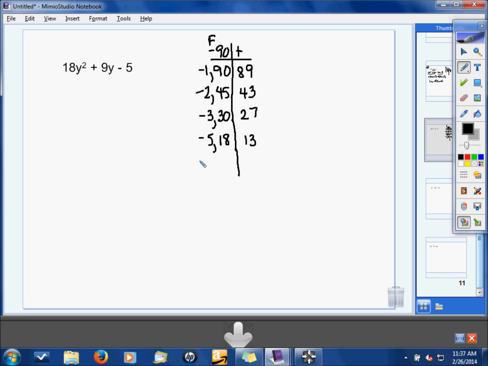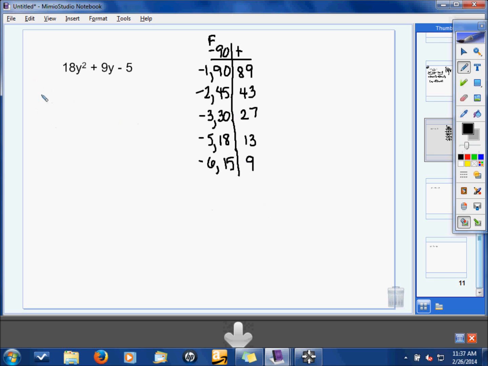Not quite there yet. Negative 6? 90 divided by 6 is 15. How much is negative 6 plus 15? 9. Nine. The right answer. We finally got to it.